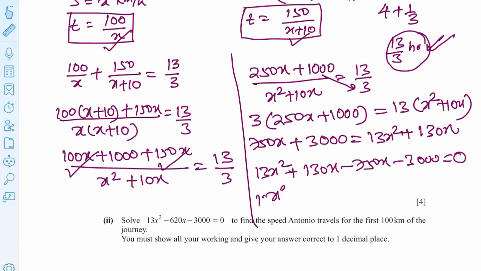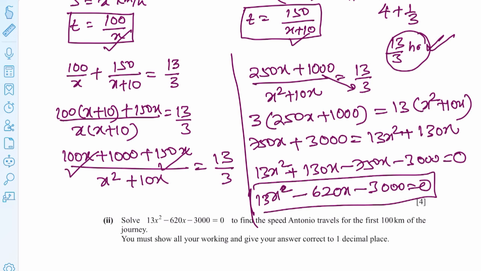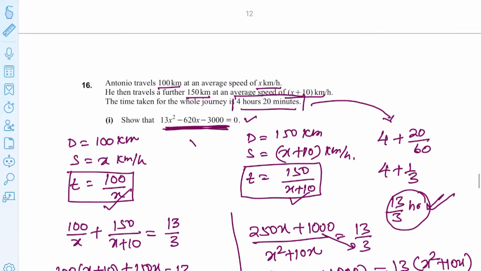So 13x squared, 130 minus 750, that is equals to minus 620x minus 3000 equals to 0, and that is the answer. We got it. See, this is what we have to show. Got it?